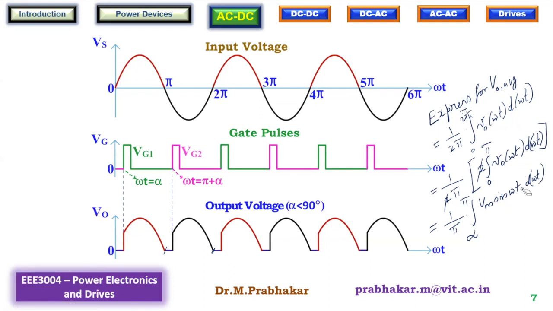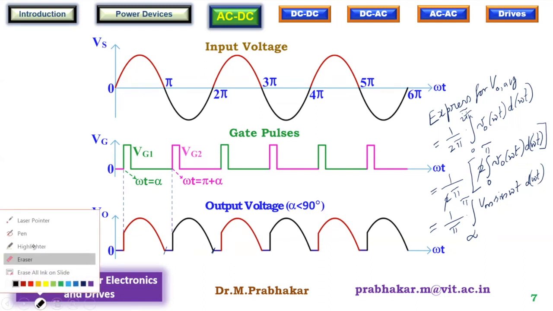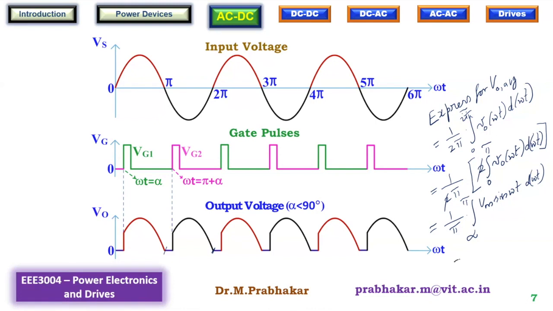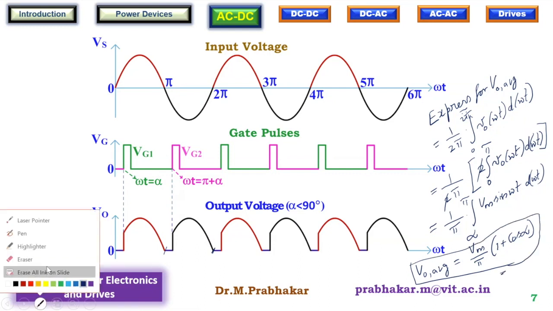Okay, so if you now try to find out the expression, you will get Vm by pi into 1 plus cos alpha as the expression for average output voltage. Again, how do we vary? By adjusting the firing angle, we will be able to get variable V naught average.